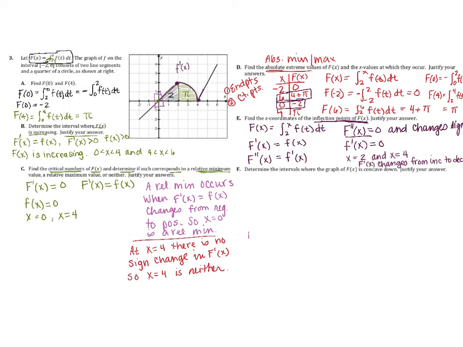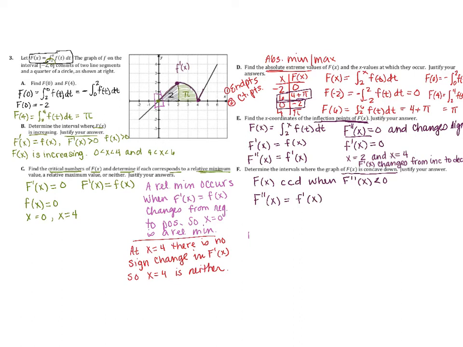Okay, so now for the next part, determine the intervals where the graph of f of x is concave down. So I know f of x is concave down when f double prime of x is negative. And then I know f double prime of x is actually equal to f prime at x.